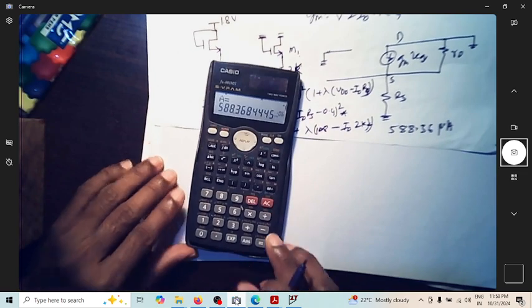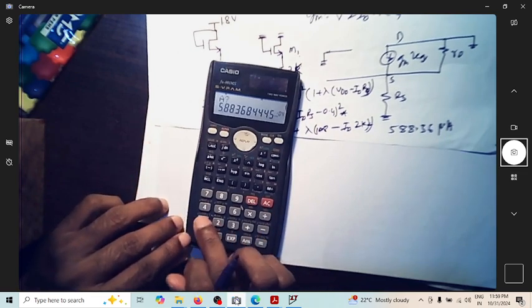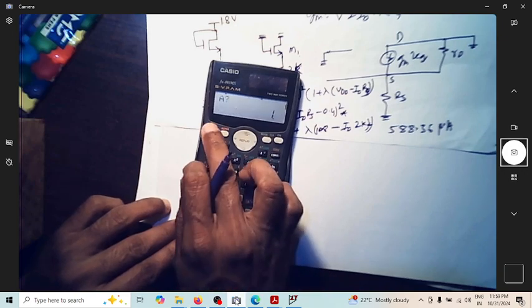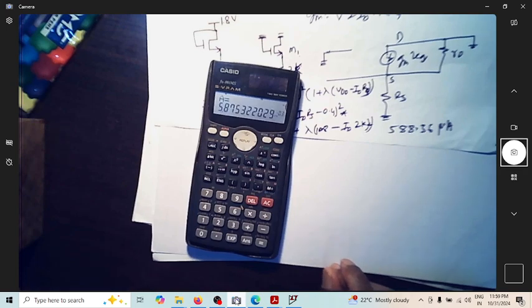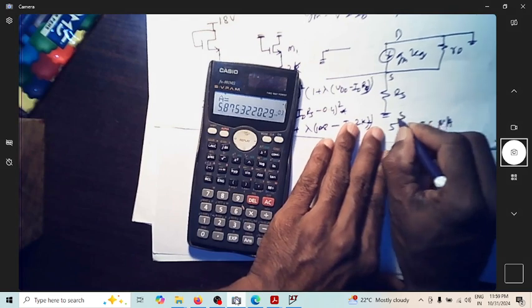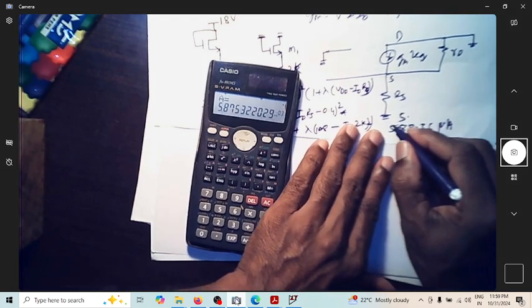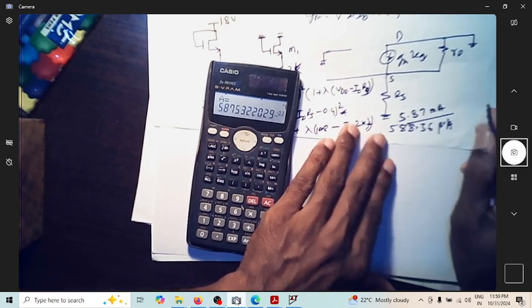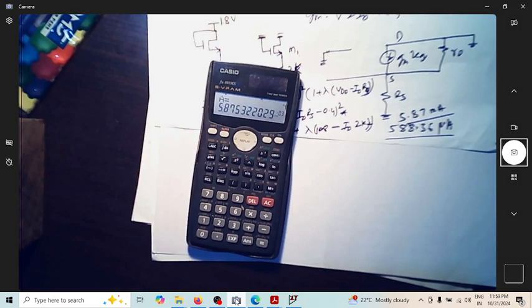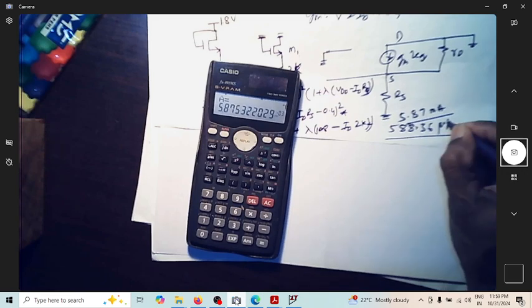The other value is, let me make it equals 1, shift cal, this is 5.87 milliampere. So you have two currents, one is 588 microampere, the other is 5.87 milliampere.